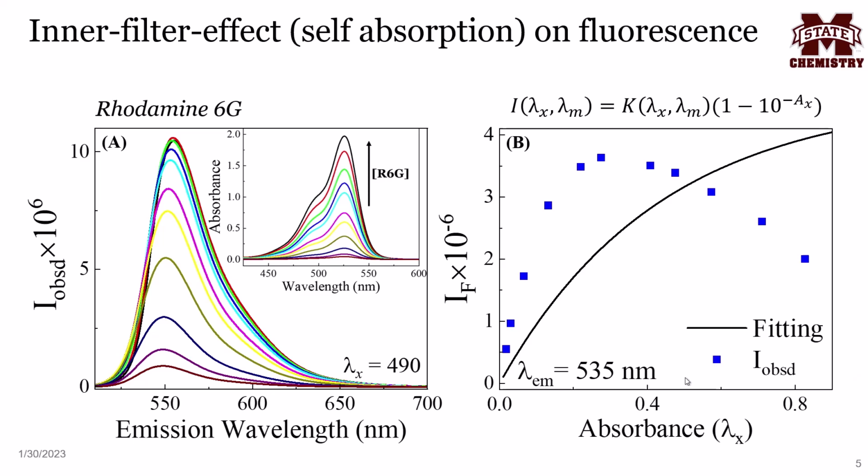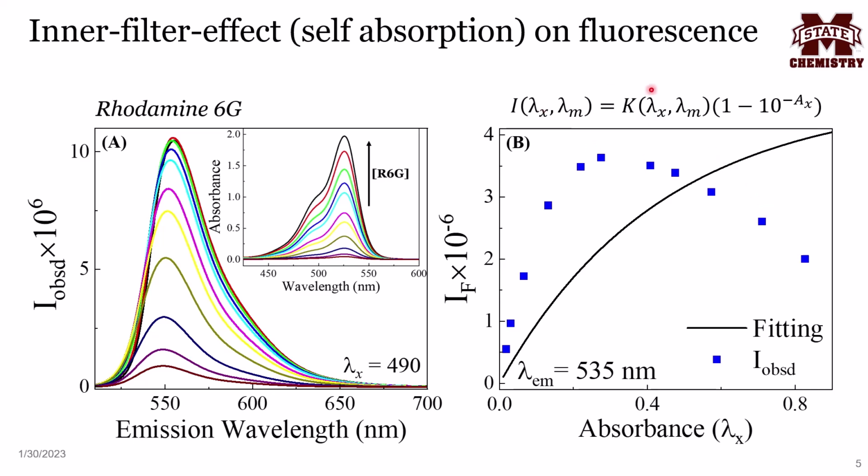The observed intensity at the peak absorbance of 535 nanometers is shown here as a function of the fluorescence intensity. We can see that there is a small, short region of linearity followed by a decreased rate, which then reaches a maximum. At this maximum point, which is only at an absorbance of 0.25, the intensity starts to decrease with increasing absorption.